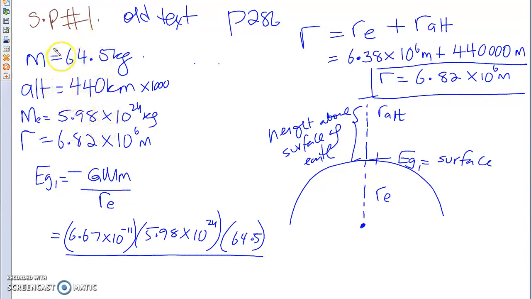We're just talking about raising that much mass 440 kilometers above the surface of Earth. How much energy do I require? One of the very straightforward mistakes people make is confusing FG and EG. FG is R squared, EG is R. So do not confuse the two. There is no R squared here, it's just R.